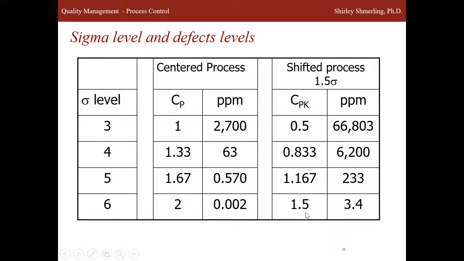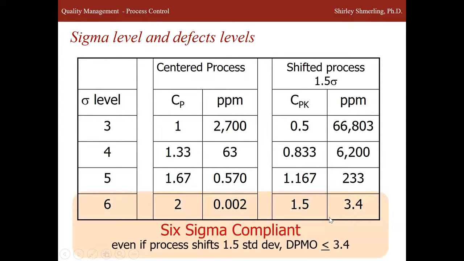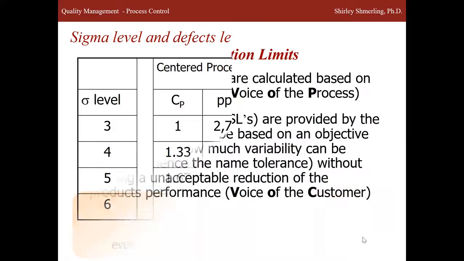It can be proven statistically, although it's beyond the scope of this class, that when we have a CPK of 1.5, the number of defects per million will be 3.4, and you will work a little bit on this in another tutorial. So in order to be 6 sigma compliant, the CPK, even when the process shifts 1.5 standard deviations, the defects per million will be less than 3.4, which determines that it's 6 sigma compliant.